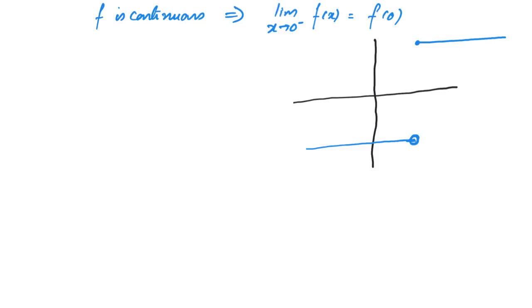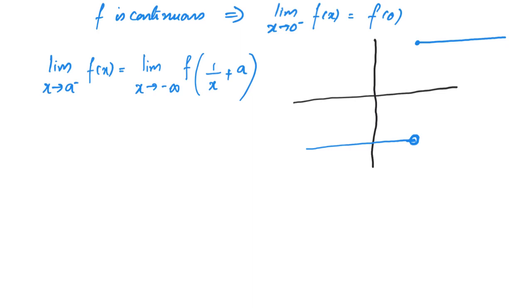Although we had not seen the precise definition of the value of f as x tends to a from the left for a general a, we had kind of implicitly seen that. Let us now rigorously define what it is. So limit x tends to a from the left hand side of f of x is nothing but limit x tends to minus infinity of f of 1 by x plus a.